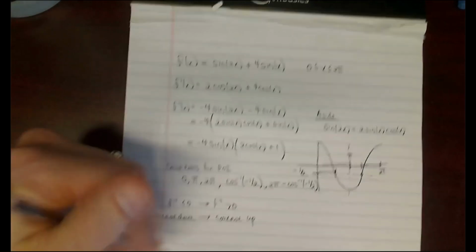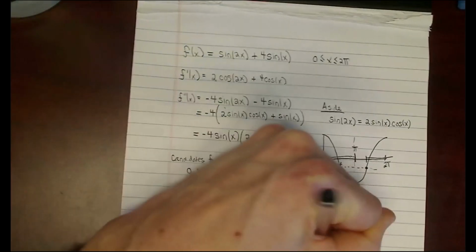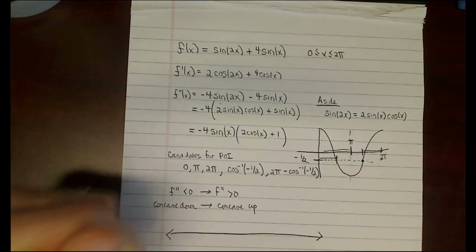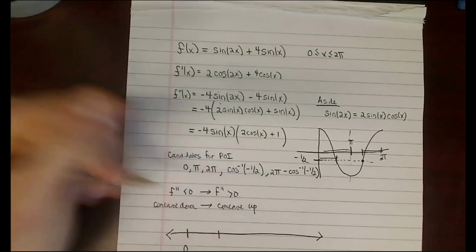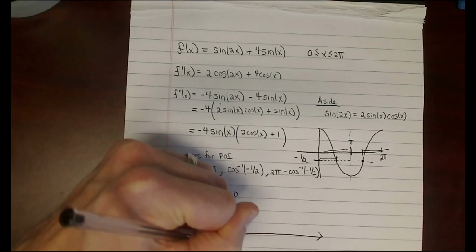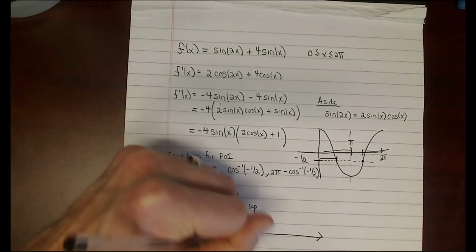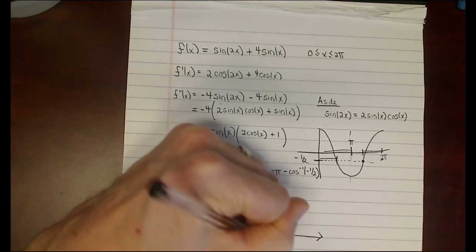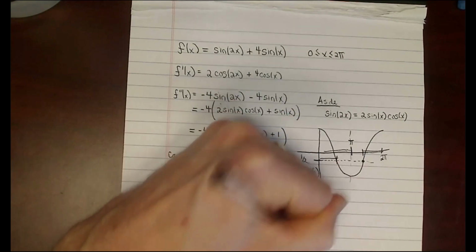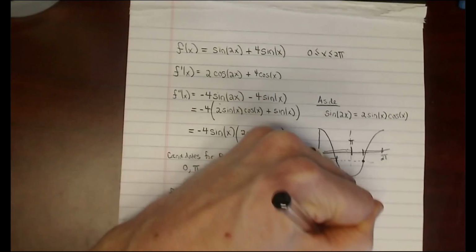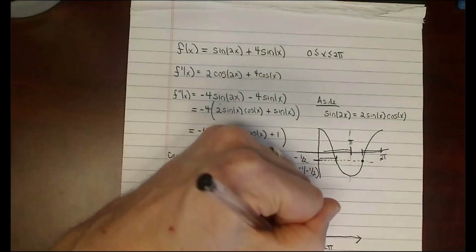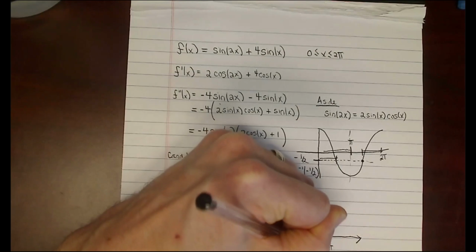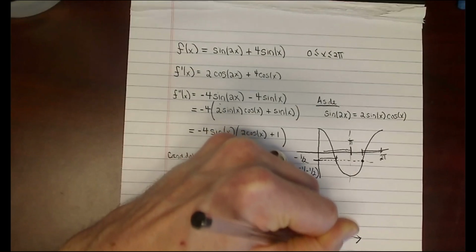So you can think of a number line here. We're going to do our number line starting at 0. The next value I'm concerned about is the inverse cosine of minus 1/2, and the next one is pi, and then we have 2 more: 2 pi minus the inverse cosine of minus 1/2, and 2 pi.